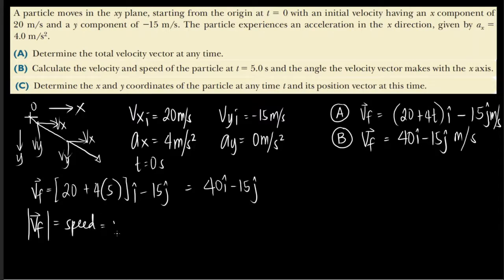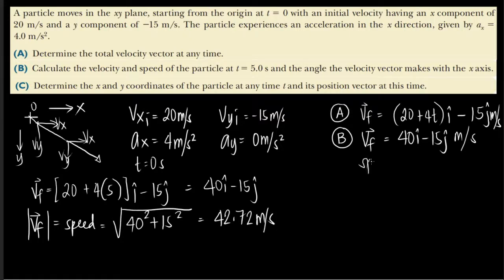Our speed can be solved by the square root of 40 squared plus 15 squared. You don't need to worry about the negative, because negative 15 squared is positive anyway. So the square root of 40 squared plus 15 squared is 42.72 meters per second.